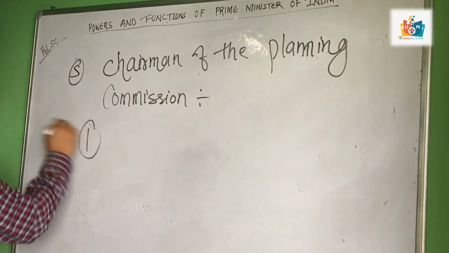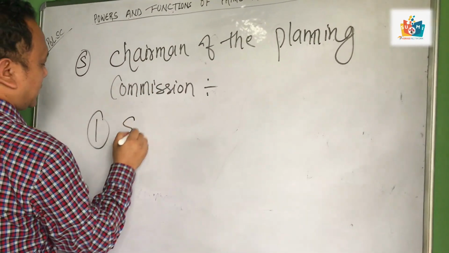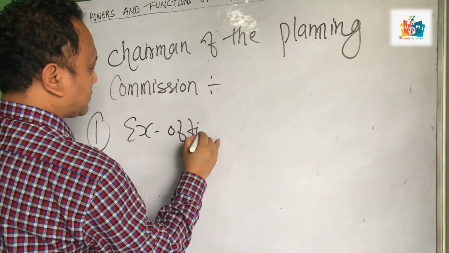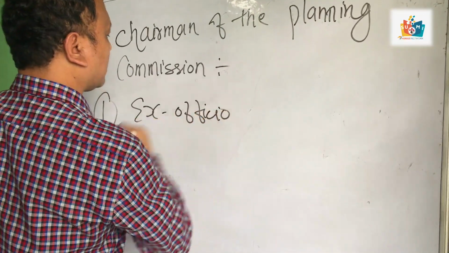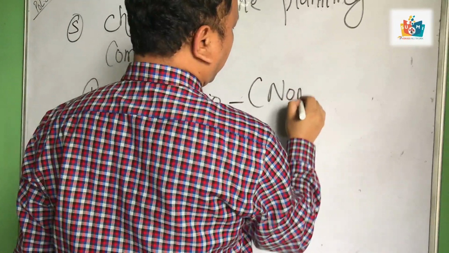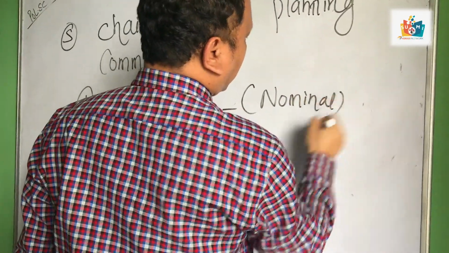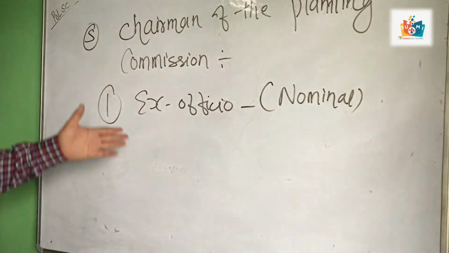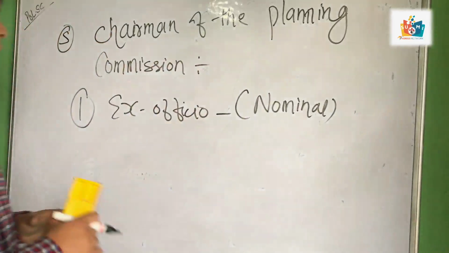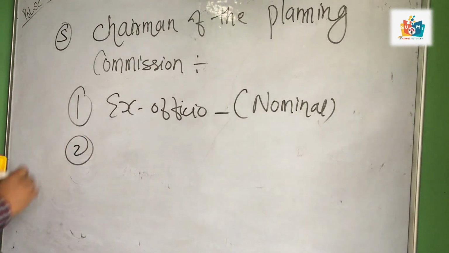Okay, so the Prime Minister is an ex officio chairman. Ex officio means nominal. He is an ex officio chairman of Planning Commission. Number 1.